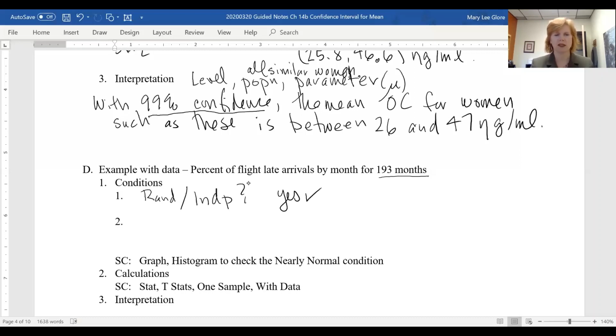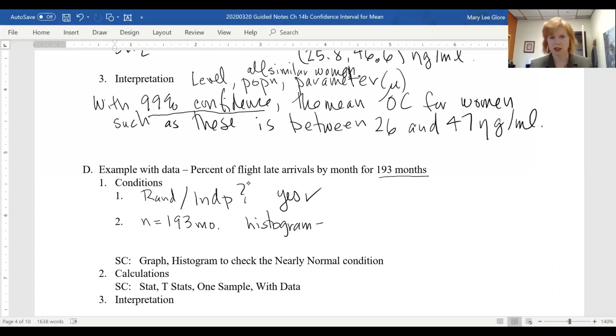All right. The second condition is the size condition. So we have a very large sample. It's 193 months. All right. So in order to check that condition, I need a histogram. I have to see, is it extremely skewed? Does it have extreme outliers? So we're going to look at the histogram. We're going to draw one in StatCrunch.